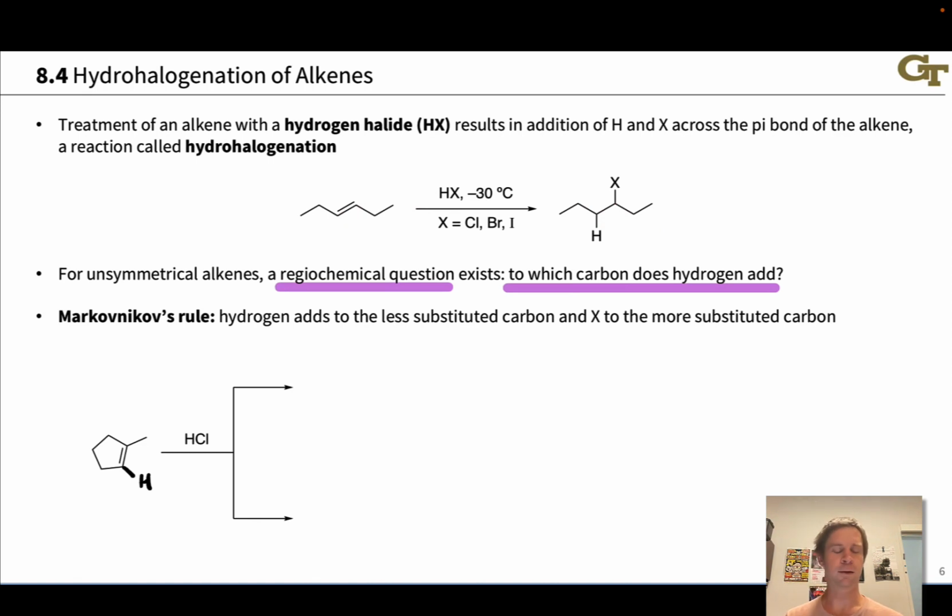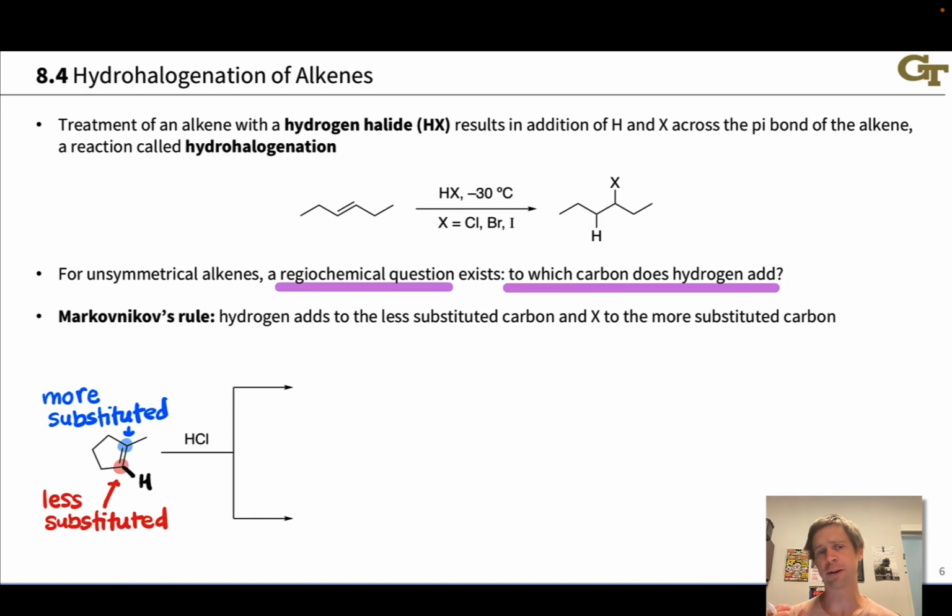To illustrate this, I wanted to consider this methyl cyclopentene substrate when it's treated with HCl. Hydrohalogenation of this substrate can lead to two possible regioisomeric products. We can recognize, first of all, that the double bond has two carbons with different substitution patterns. The top carbon is more substituted than the bottom carbon, which bears an H. We might call that less substituted.